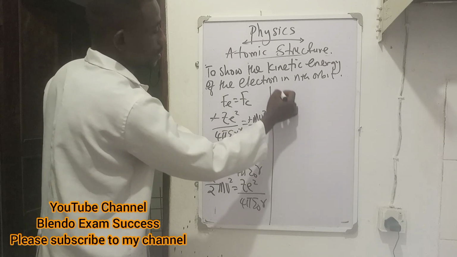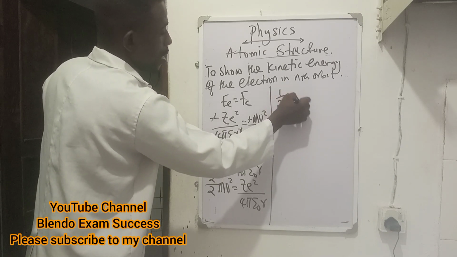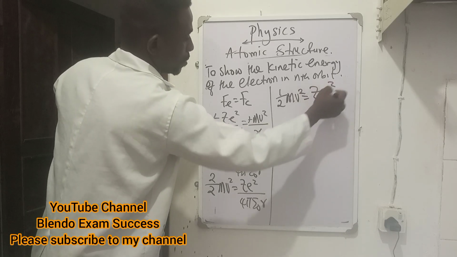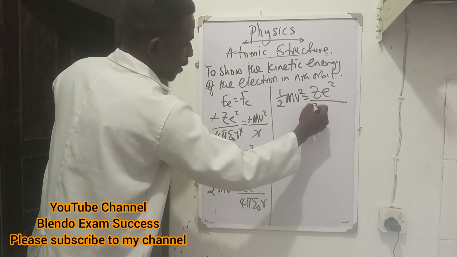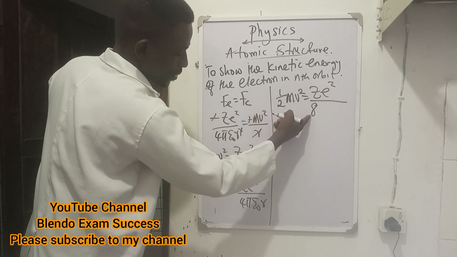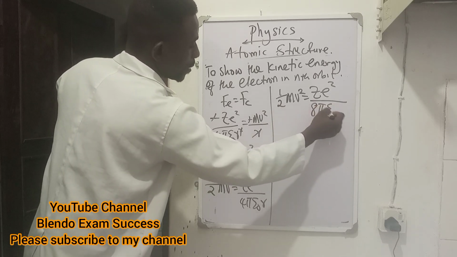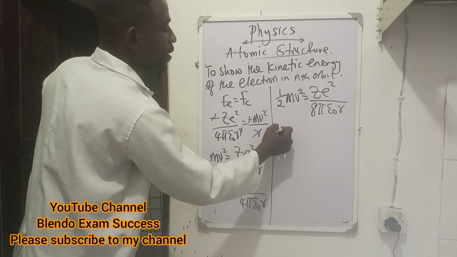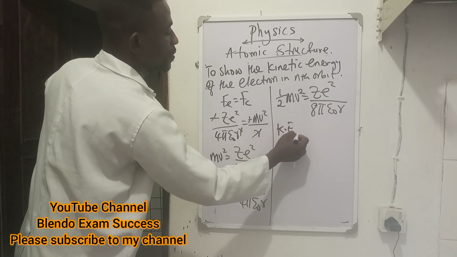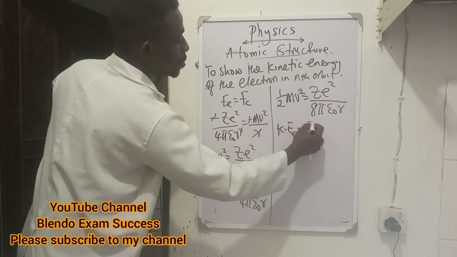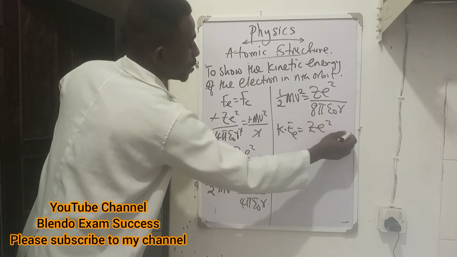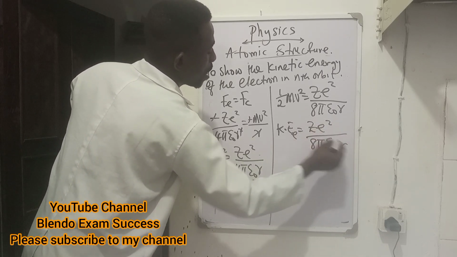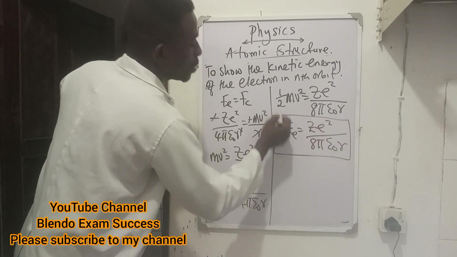And then we now have that 1 all over 2 mv squared is equal to Ze squared over 8, 2 times 4 is 8, pi epsilon naught r.